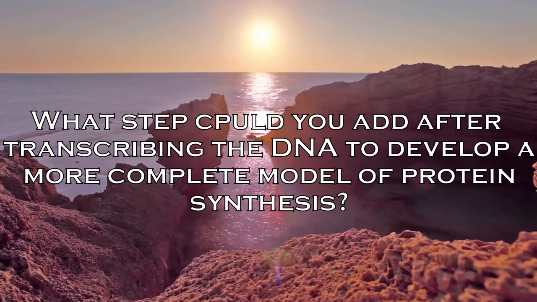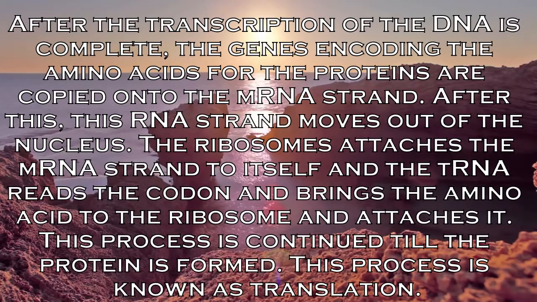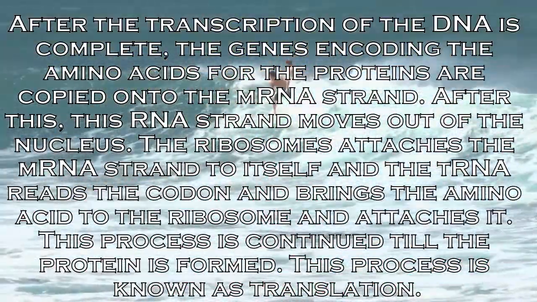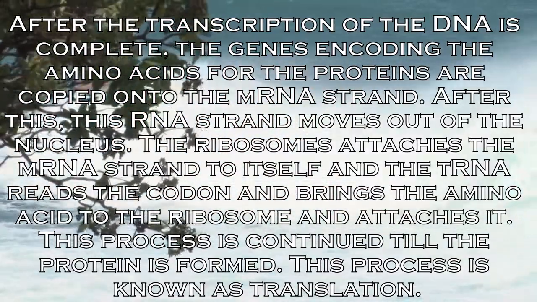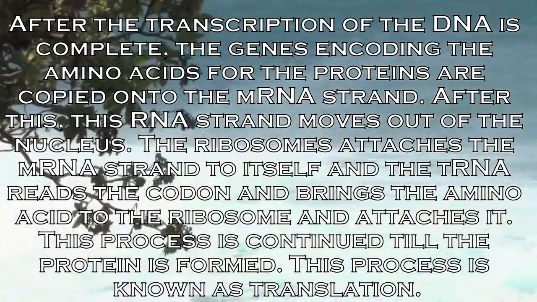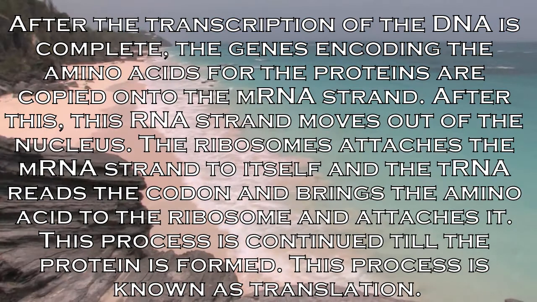What step could you add after transcribing the DNA to develop a more complete model of protein synthesis? After the transcription of the DNA is complete, the genes encoding the amino acids for the proteins are copied onto the mRNA strand.